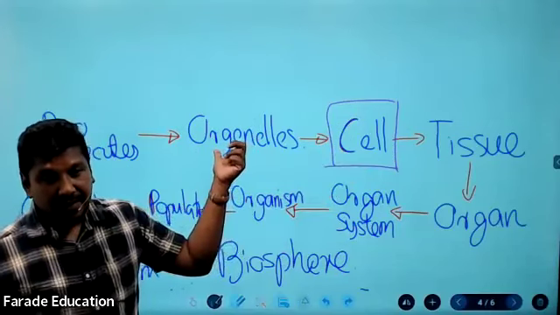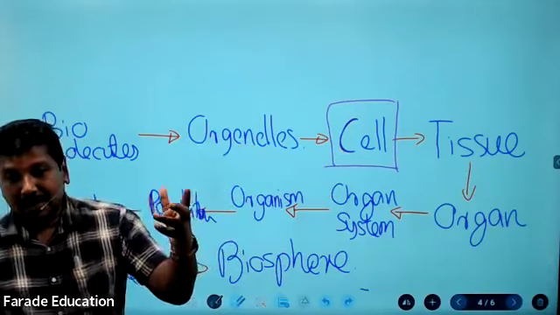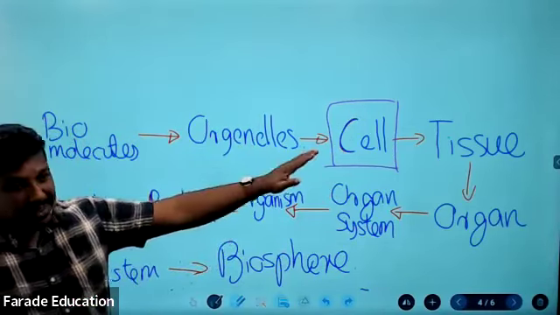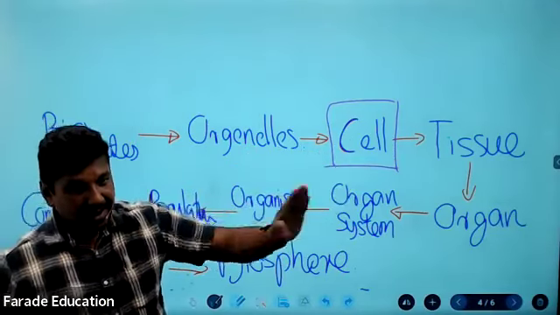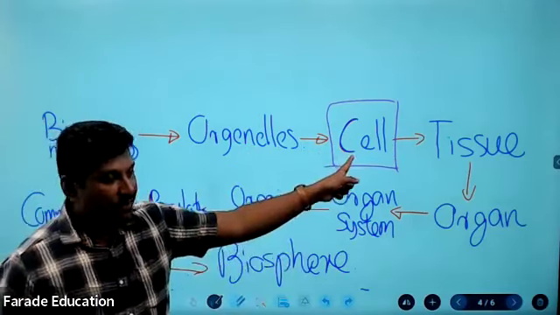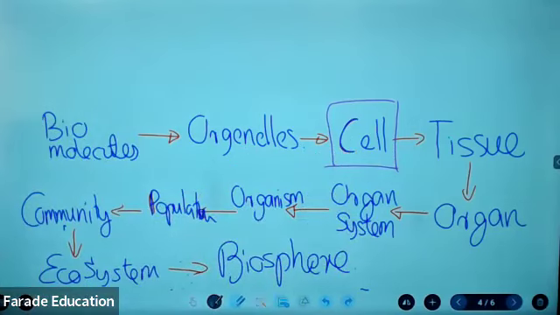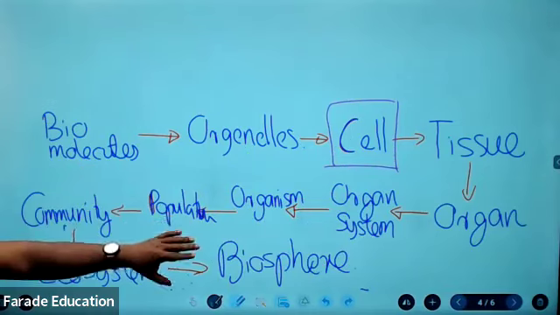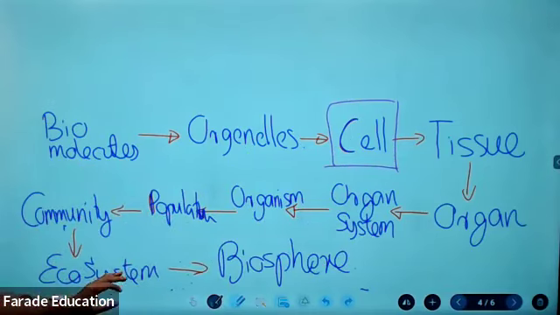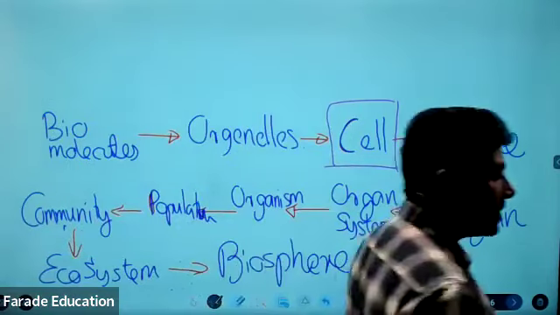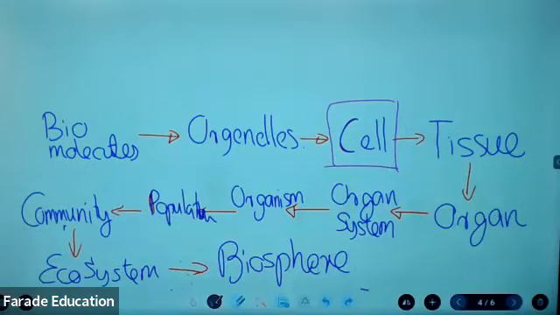Organelles can't survive independently. All 7 features of bioorganisms can be shown from this level, right? Okay, so these are the hierarchical levels. This is also frequently asked, right? Okay, get your note and write.